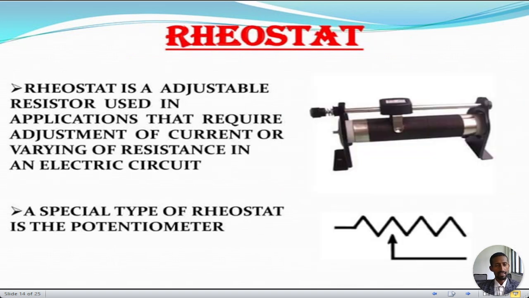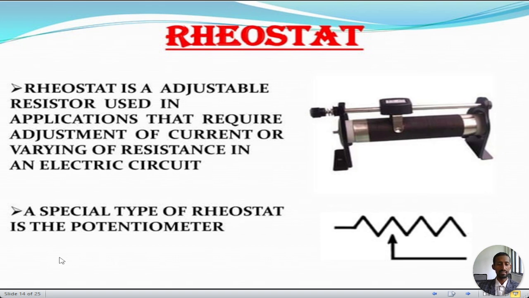The other one is a variable type of resistor, that is a rheostat. This rheostat is an adjustable resistor used in applications that require adjustment of current or varying of resistance in an electric circuit. If we want to reduce the current, we can increase the resistance by using this rheostat.